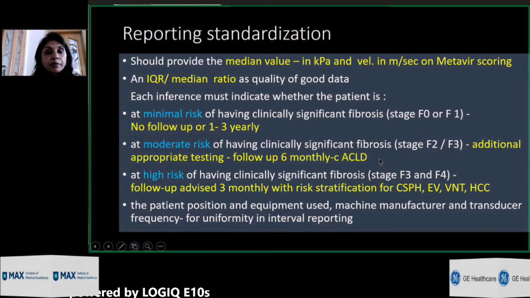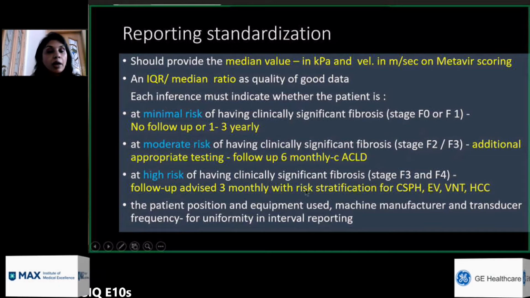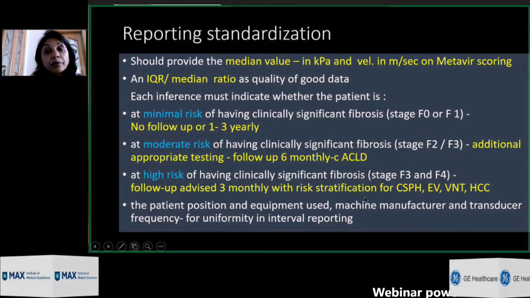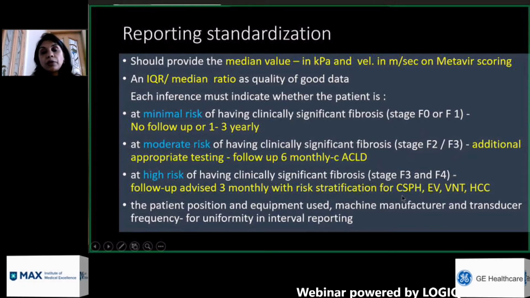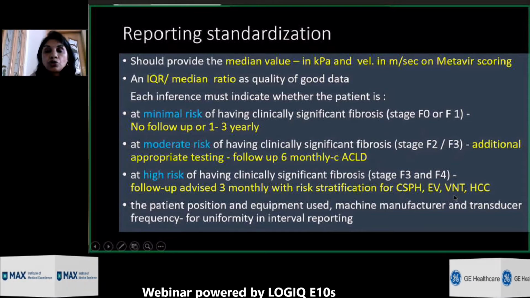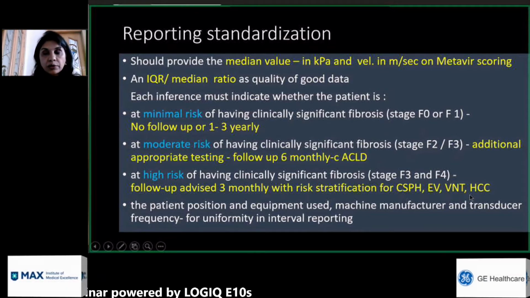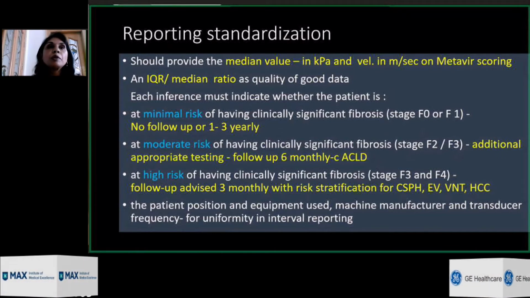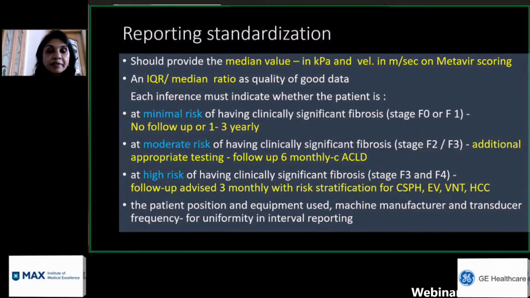High risk, of course, where we are F3, F4, and there is a 3-monthly follow-up. There is a risk stratification which can be given for the CSPH, EV, varices needing treatment, or the presence of hepatocellular carcinoma.